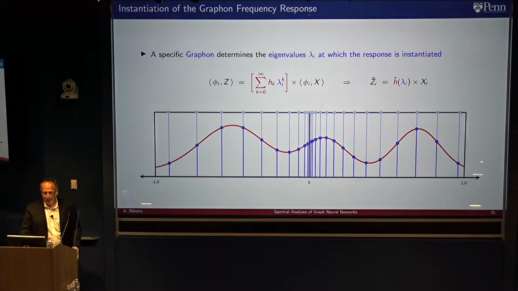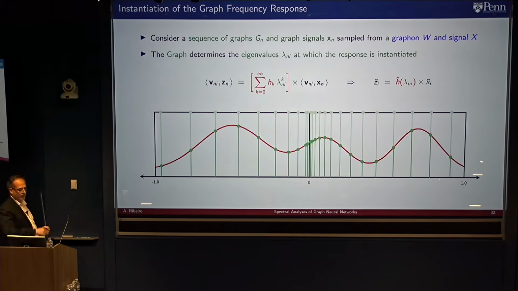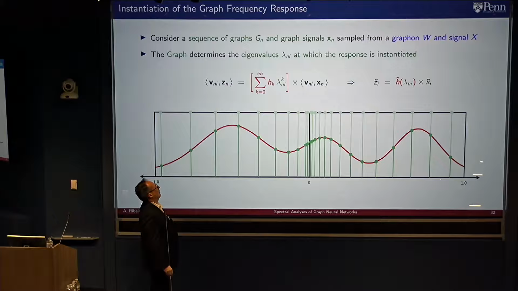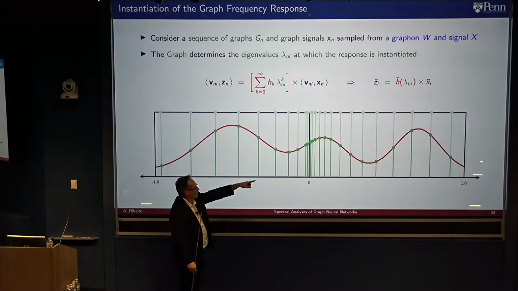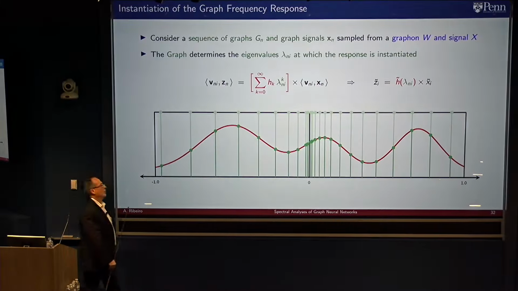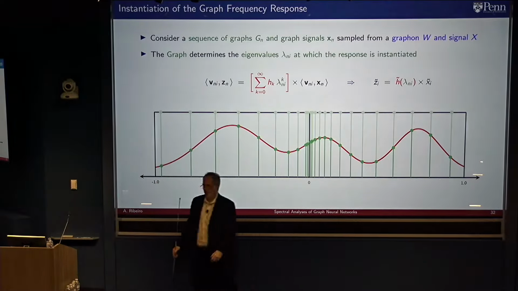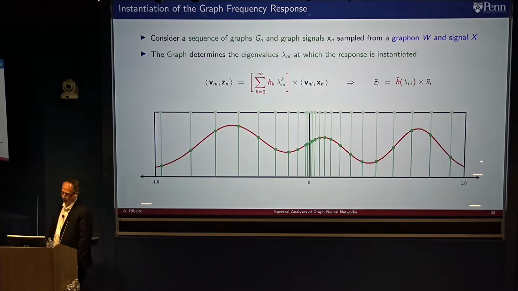The same filter can be instantiated on a sequence of graphs that converge to this graphon. And if I do that, now the frequency response on all of these graphs will be the same. And what will happen is that each specific graph in the sequence will be instantiating a different set of eigenvalues.